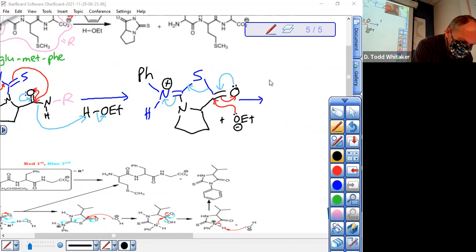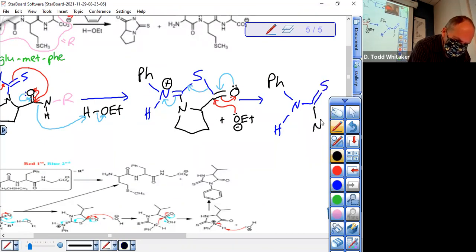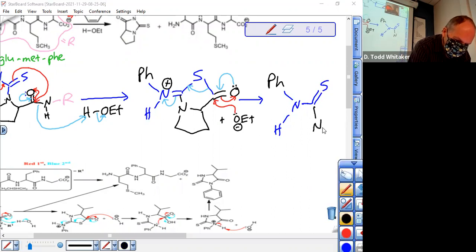Got a phenyl attached to an N with an H. And we get a single bond and a double bond to sulfur. Single bond to N. Still got that ring.